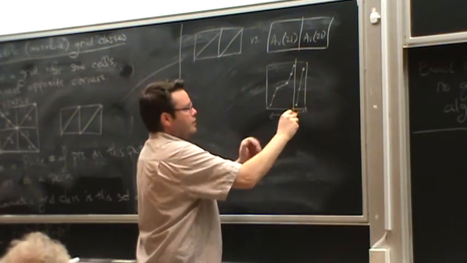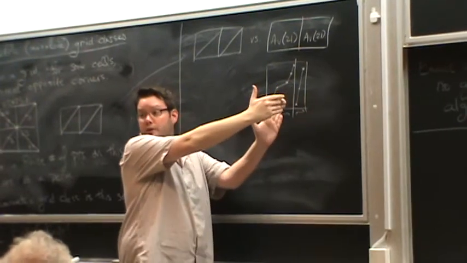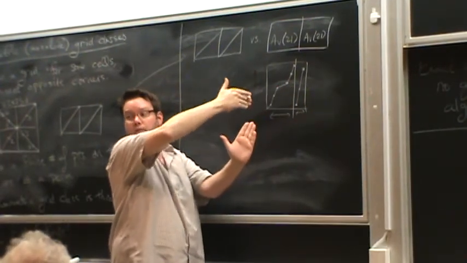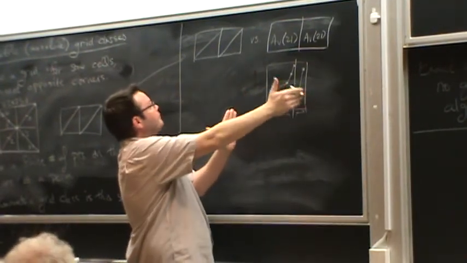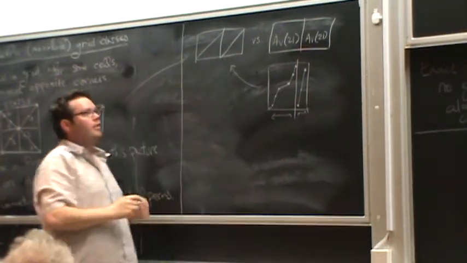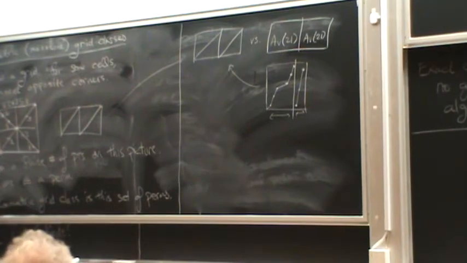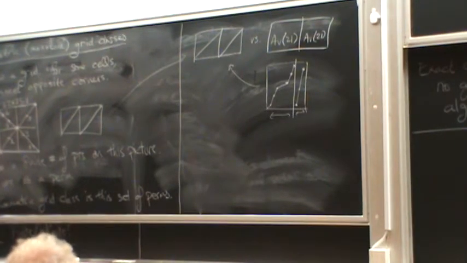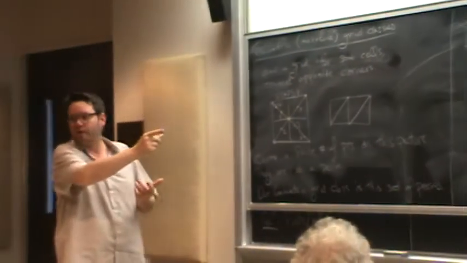By stretching and shrinking this, I can make this one a straight line. I never have to touch this one, actually. So I can straighten this out to get it into that form. So actually, these are the same exact classes.